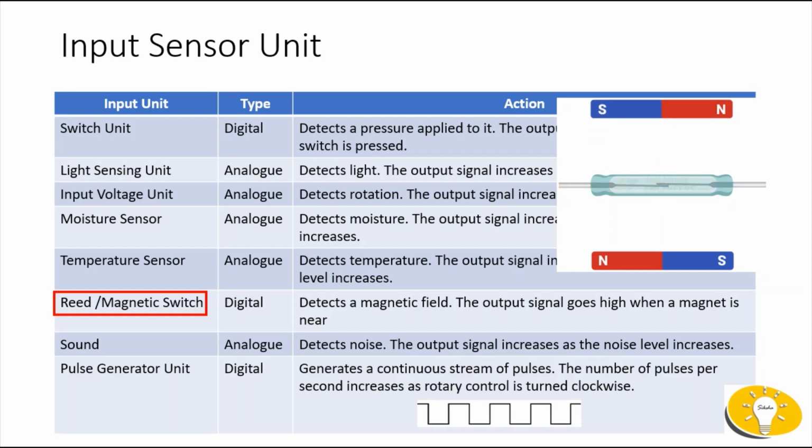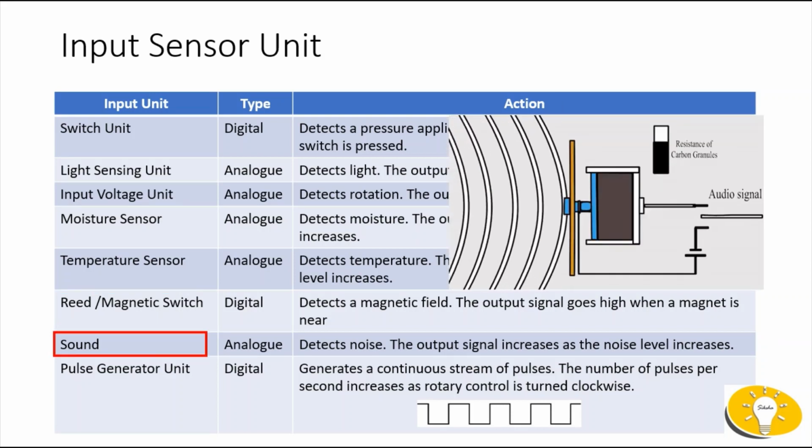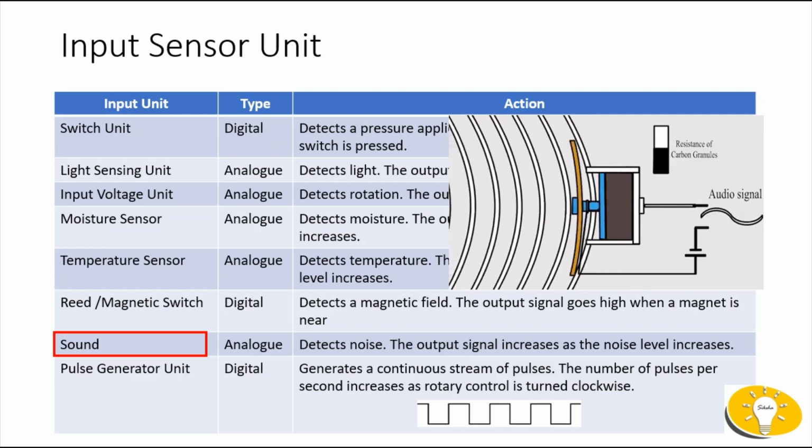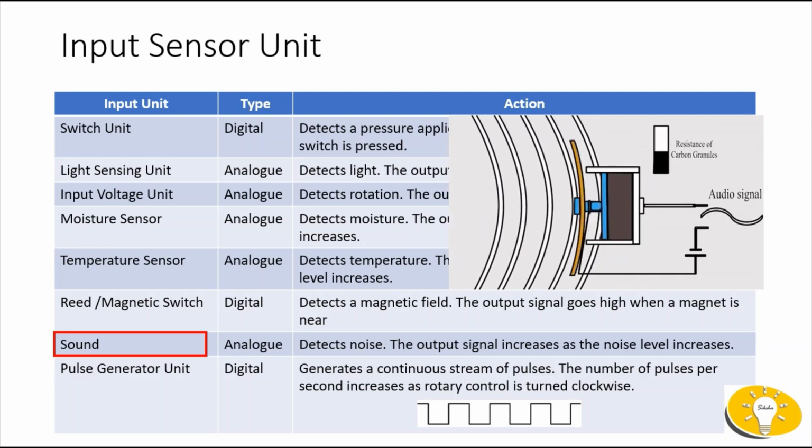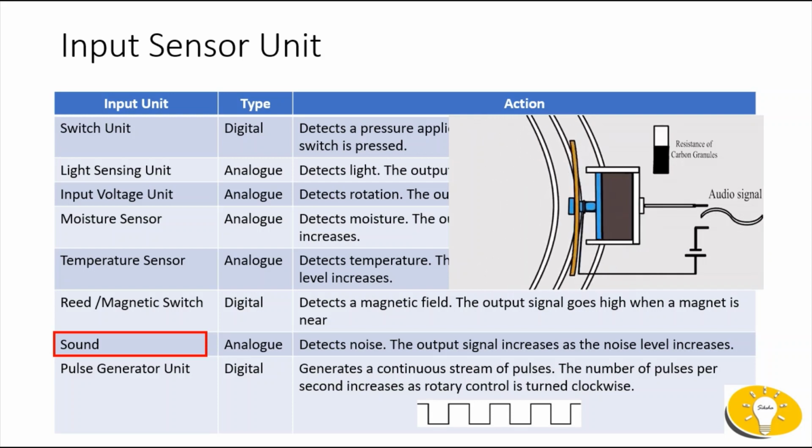Reed or magnetic switch is used to detect magnetic field. So when a magnet is near it, the two pins get connected, as you can see in the animation, and the output signal goes high. Sound input unit is basically a microphone which is used to detect sound or noise.